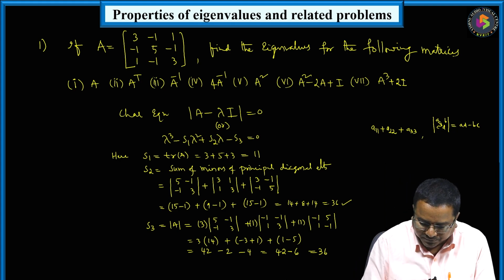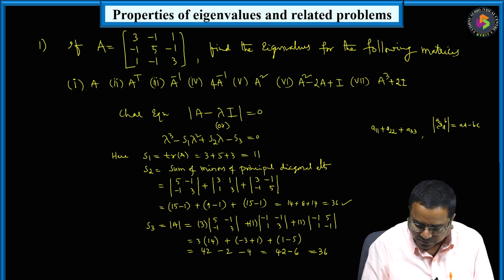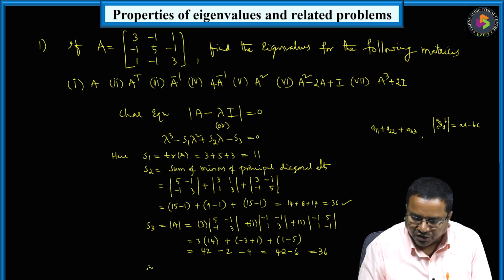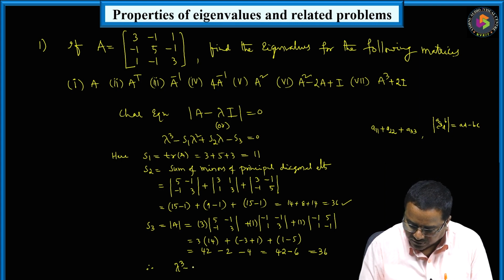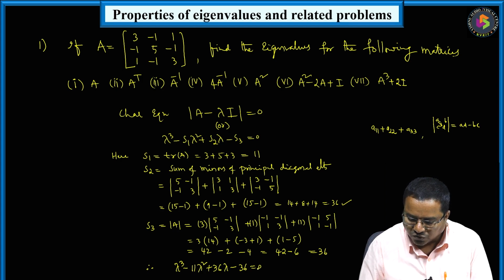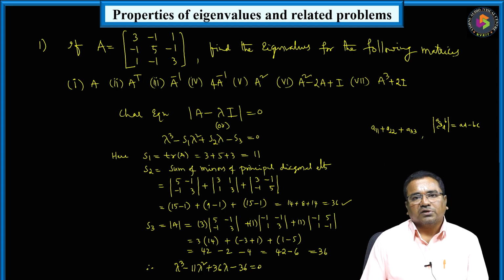Therefore, by substituting, the equation will be lambda cube minus 11 lambda square plus 36 lambda minus 36 equal to 0. Here 11 is S1, S2 is 36, and S3 is 36. Now this is the required characteristic equation.